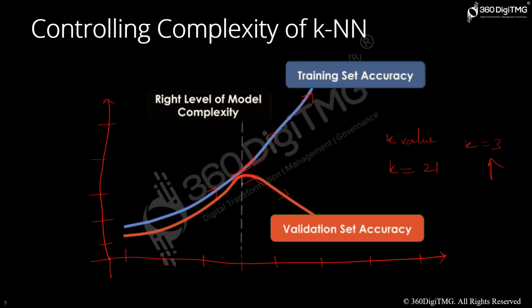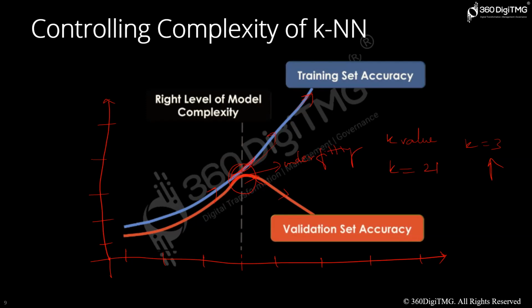When the validation data gets diverged, this phenomenon is called underfitting.